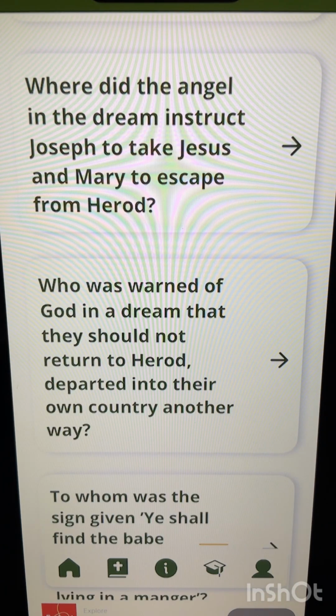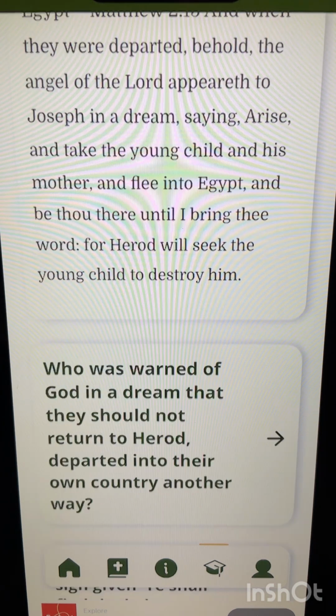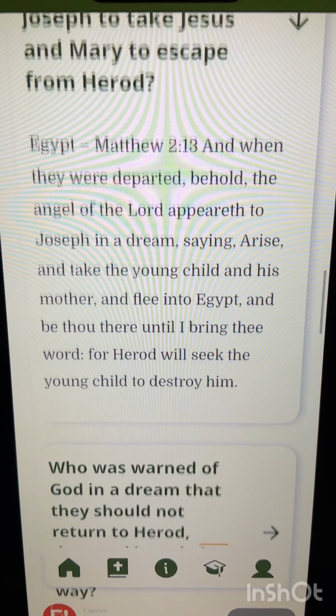Where did the angel in the dream instruct Joseph to take Jesus and Mary to escape from Herod? And the answer is Egypt.